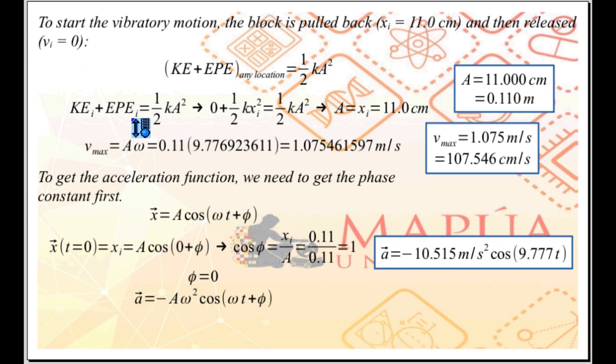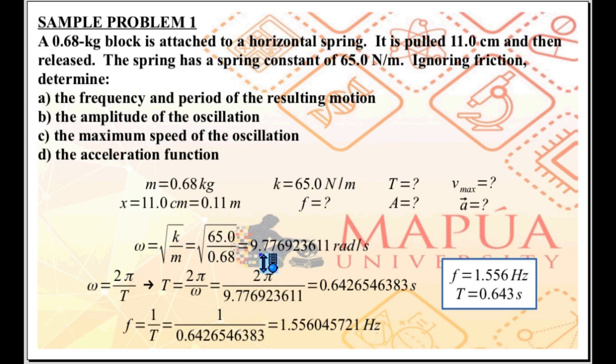Initial elastic potential energy is 1/2 k X initial squared, and that's equal to 1/2 k A squared. Comparing the two sides of the equation, we see that the amplitude A is just equal to X initial, 11 centimeters. So the amplitude is 11.000 centimeters or 0.110 meters.